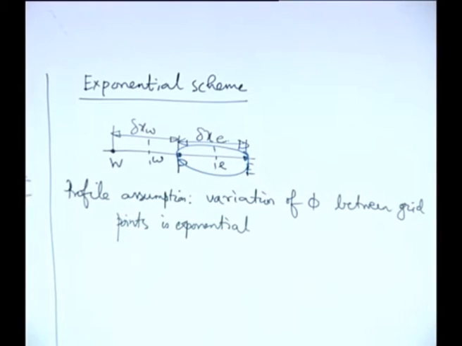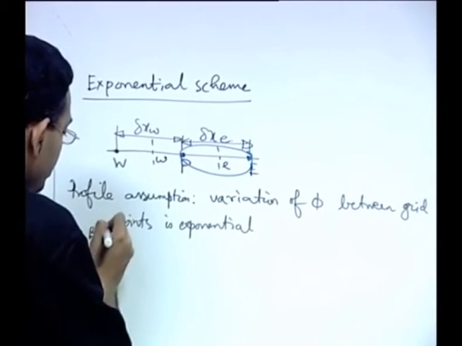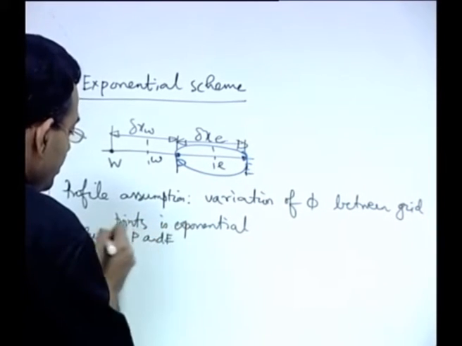So, here what is the profile? Phi between capital P and capital E, what is the profile?